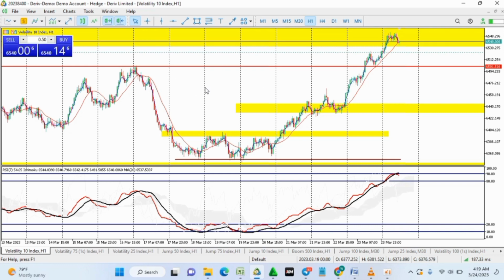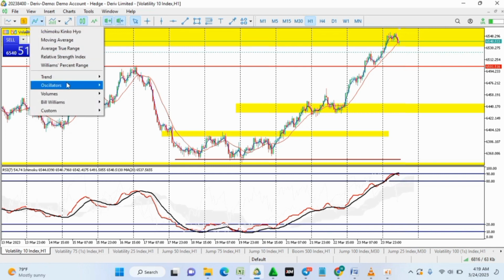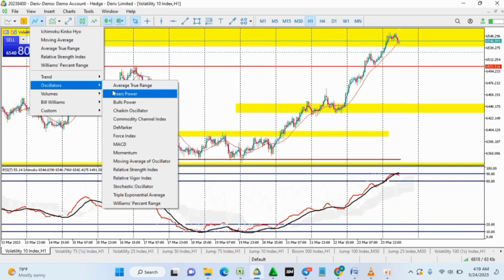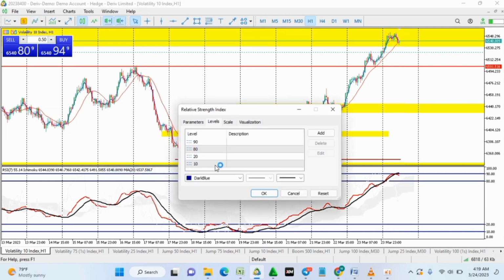As you can see, the first step is to put or customize the RSI. And where will you find it? You go here on the indicators tab, you click there, you look for the RSI under oscillators, and the RSI is already here. So once you click on it, you will have to customize it from the default settings, right? Remember, the RSI normally has the 70 and the 30 level.